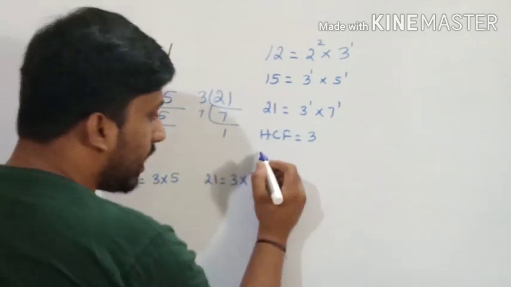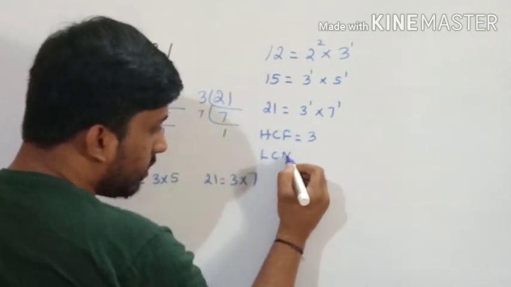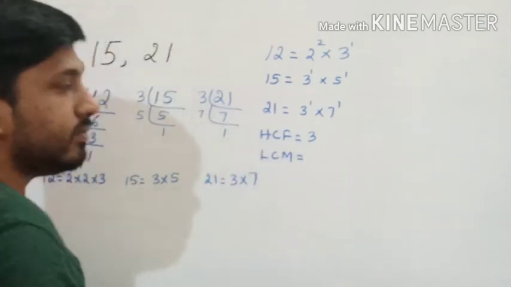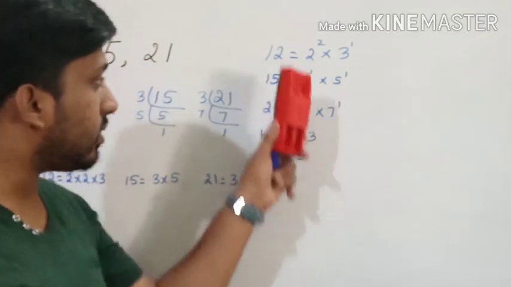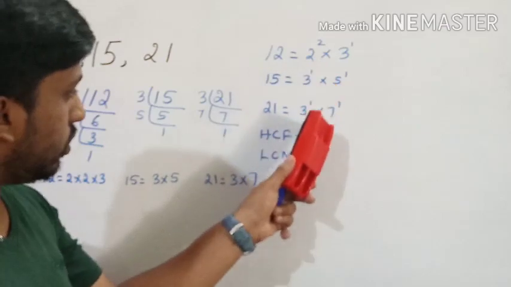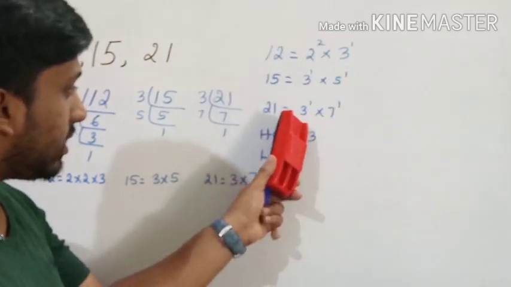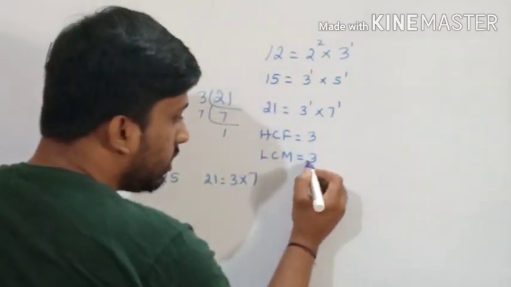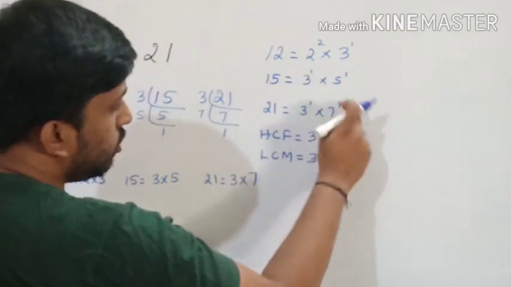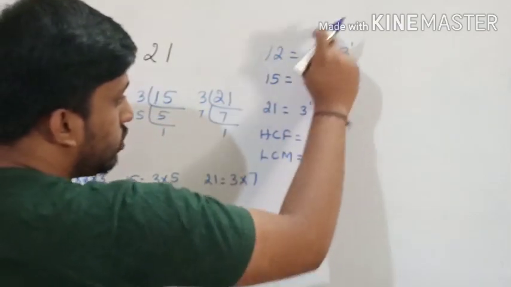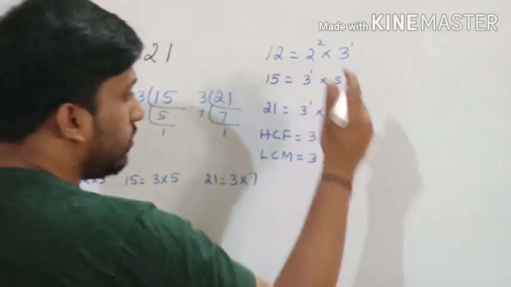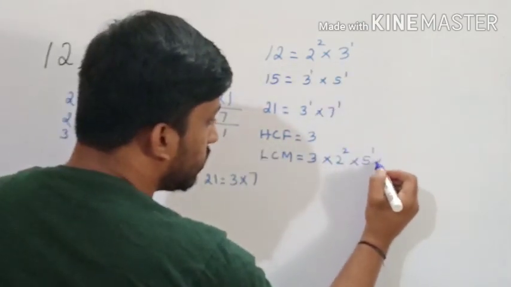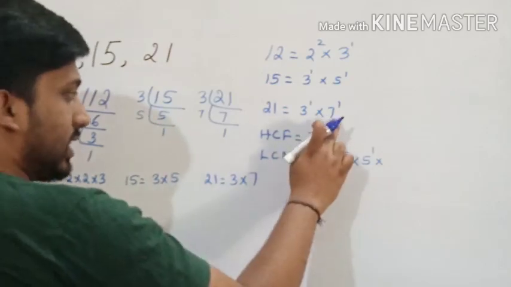If you come to LCM, it is the product of the highest powers of the prime factors. So here 2 is not common, but 3 is common. Let me take 3 into 2 square, because I have 2 square here, and I am going to take the remaining 5 also, and also 7.